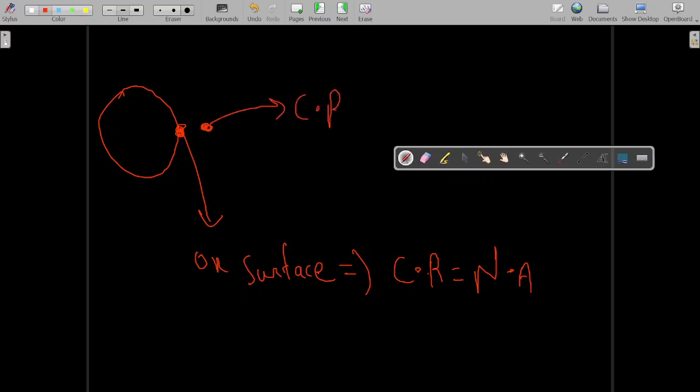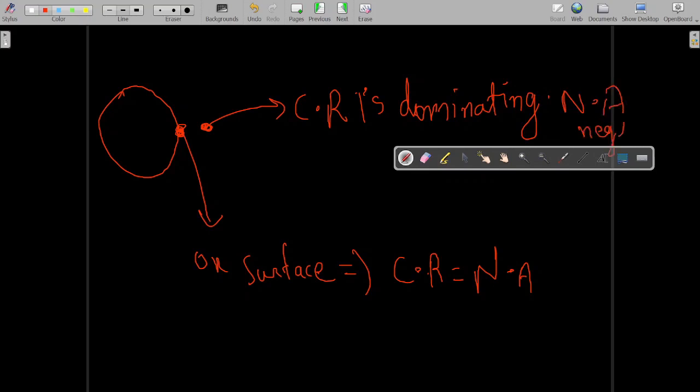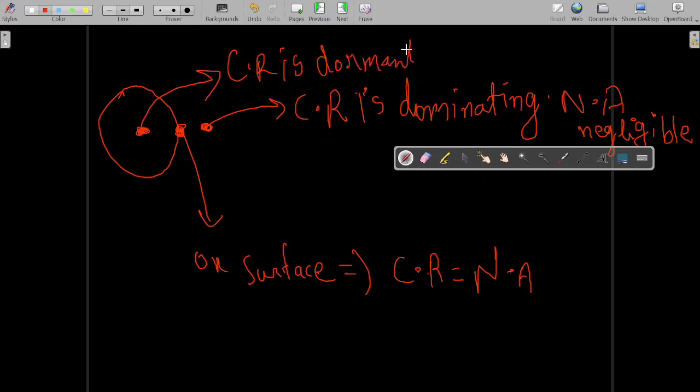Outside the surface, Coulombian repulsion is dominating and nuclear attraction is negligible. And at a point inside the nucleus, Coulombian repulsion is dormant, it will not act much, and nuclear attraction is appreciable.